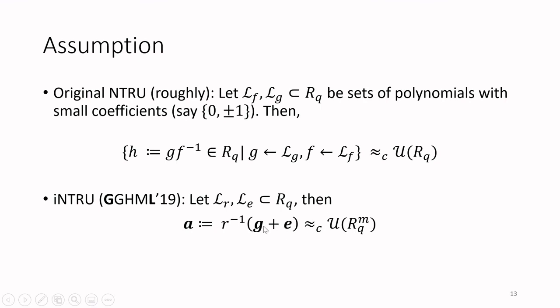Now, here, G is the gadget. e is a random vector with small entries, and r is also a random vector with small entries, such that it's invertible mod q. And the assumption is that this shifted version of e by the gadget times the inverse of r mod q is going to be pseudorandom.